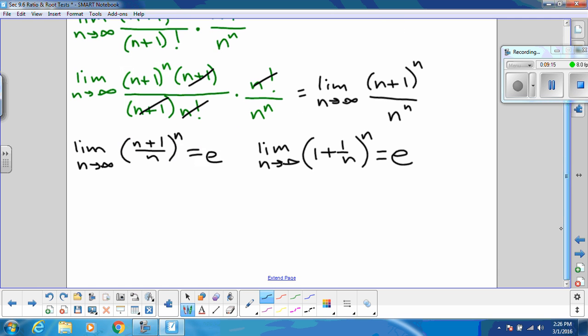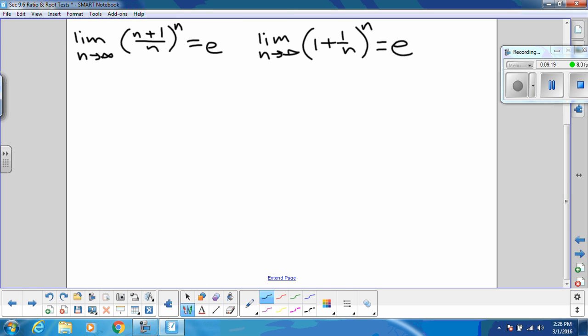But let's review. It's always good to review taking the limit with logs. So here's how we do that if we forgot that, if we had to derive that. We say y is going to be equal to the limit as n approaches infinity.